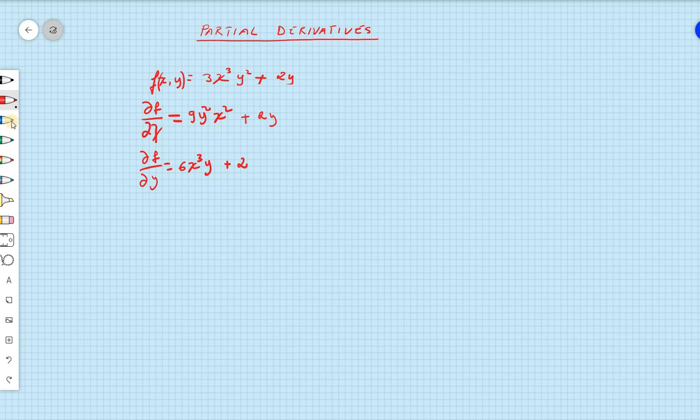But sometimes, or most of the time I should say, they give you a function like that and also tell you that these are functions of other variables, like x and y are also functions. So they will probably give you something like this: x equal to 2t cubed and y equal to, let's say, 5t, right?